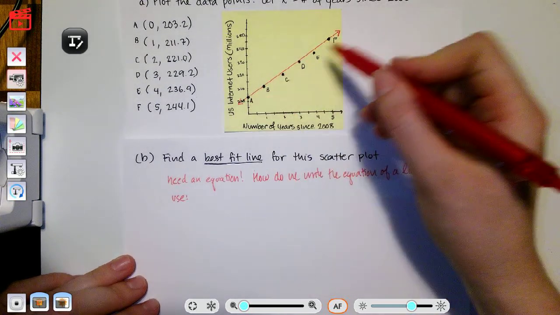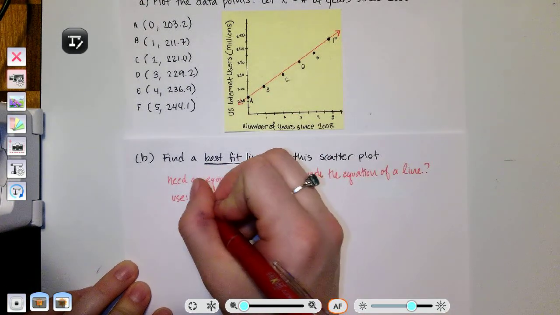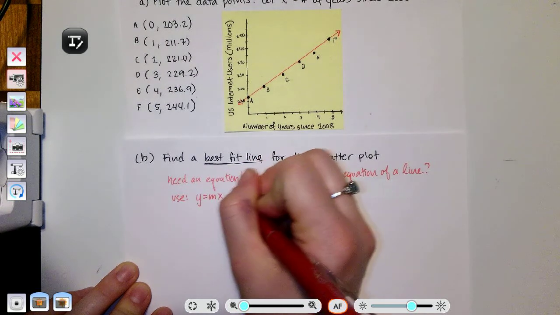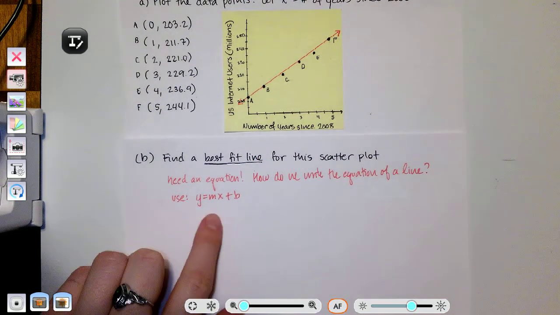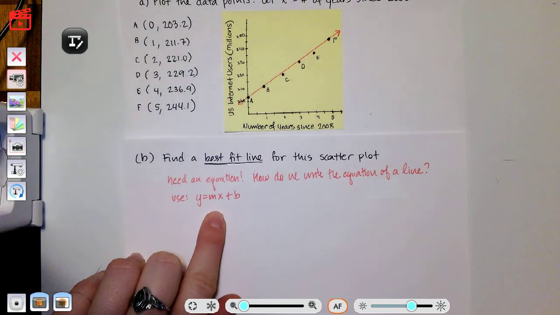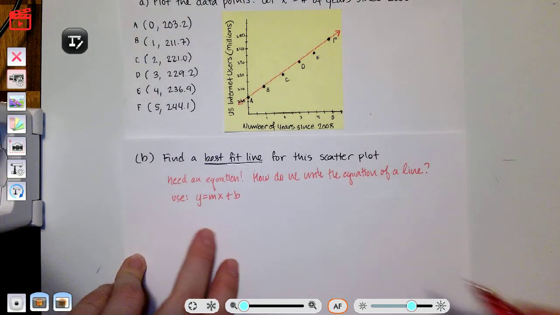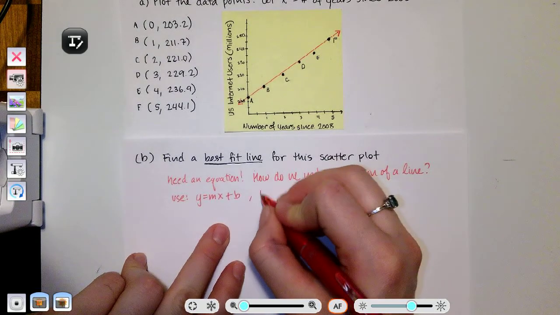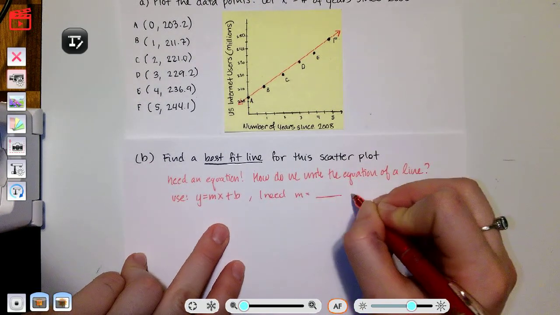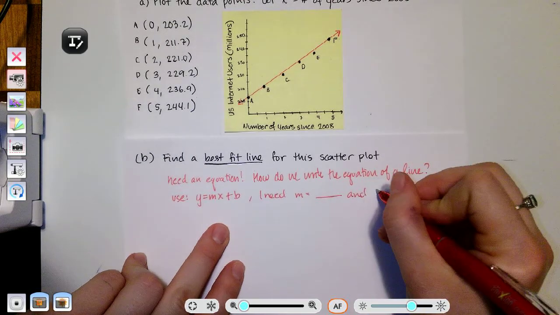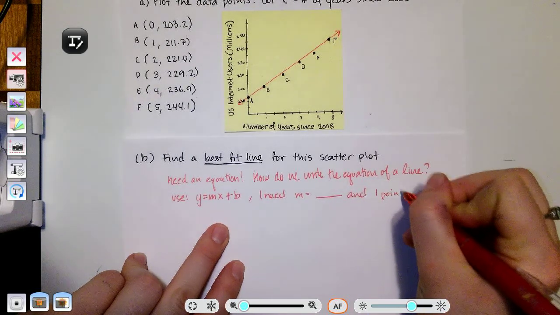Nope, it's a slanted line. So we're going to end up using the equation y equals mx plus b, our slope intercept. And to use this equation, what do I need to fill it out? I need my slope and 1 point.